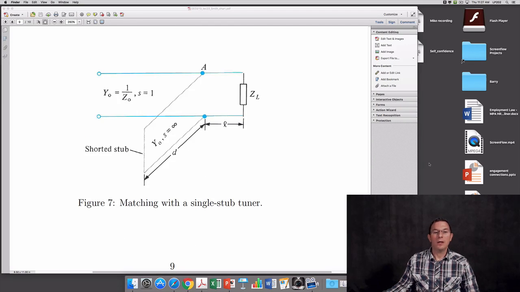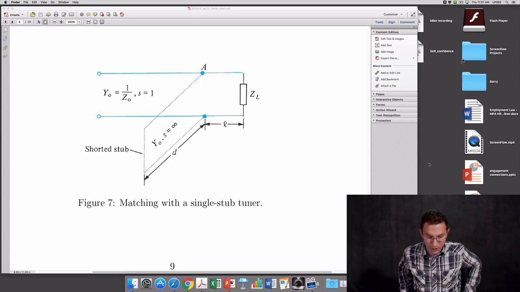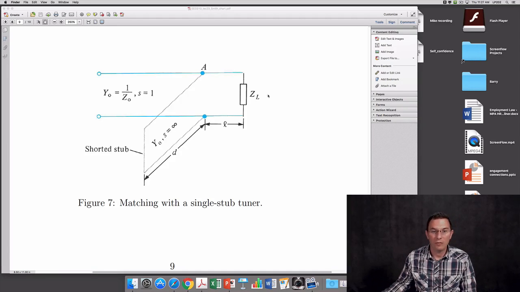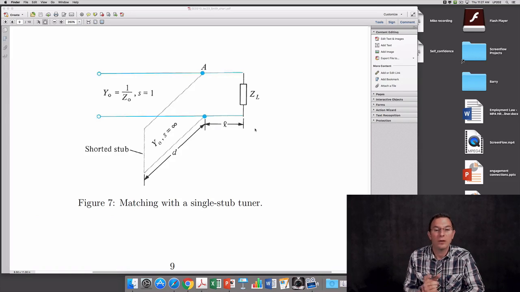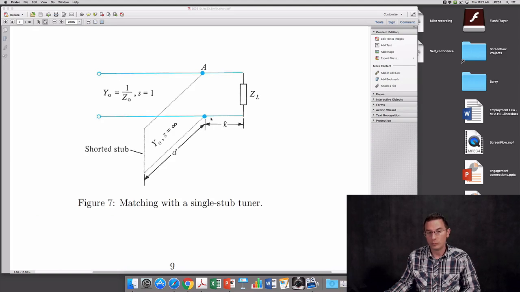Okay, here's an example of a stub matching network. We've got a load, and there is a length L. So the stub matching network consists of two lengths of transmission line. One of length L connected from the load to point A like this, and then another of length D connected at point A like this.